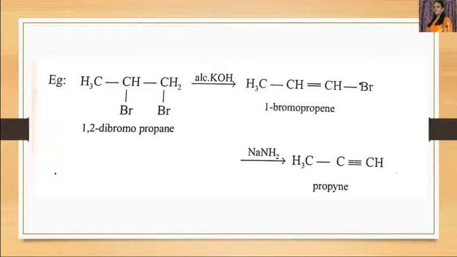When it is subjected to dehydrohalogenation with alcoholic KOH, initially in the first step we get 1-bromopropene, and in the second step it reacts with sodium amide in liquid ammonia to form propyne. So this is the first method.